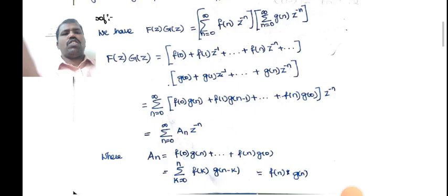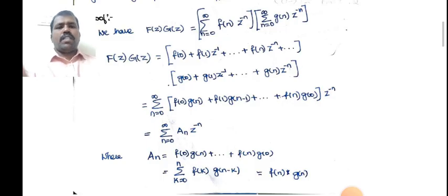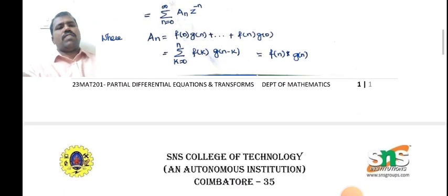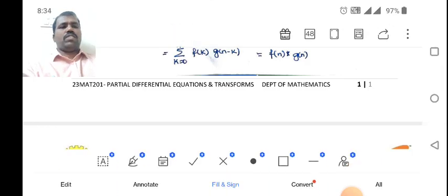That is summation n equal to 0 to infinity a n into z power minus n, where a n equals f of 0 into g of n plus etc. plus f of n into g of 0, which is summation k equal to 0 to n f of k g of n minus k, equal to f of n convolved with g of n. This is the proof of the convolution theorem.